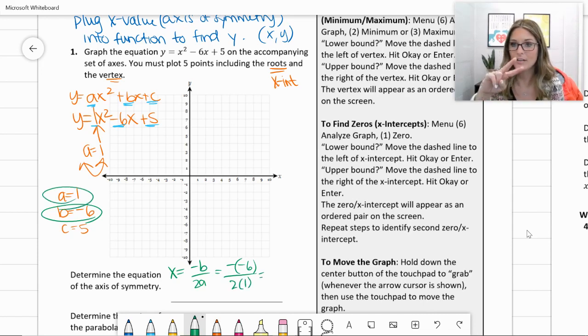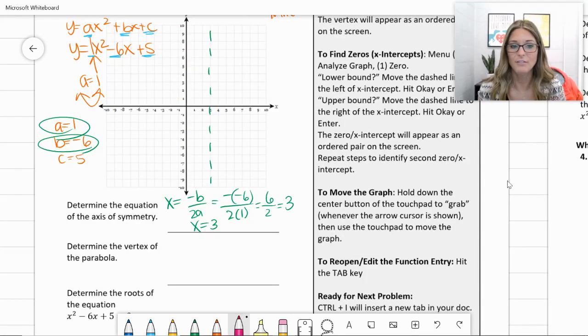And evaluate. So 2 negatives make a positive 6 over 2, which is going to simplify to 3, or my axis of symmetry is at x equals 3. I'm going to go ahead and add that to our graph. I'm going to make a vertical line down here along x equals 3. I don't know where my parabola is yet. Now let's find the vertex.